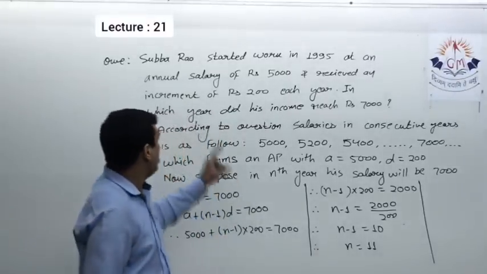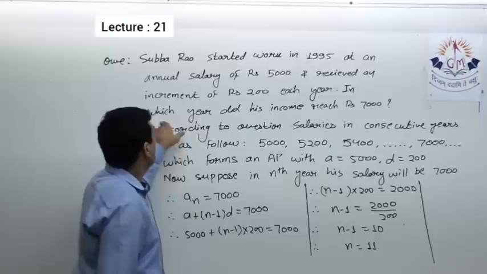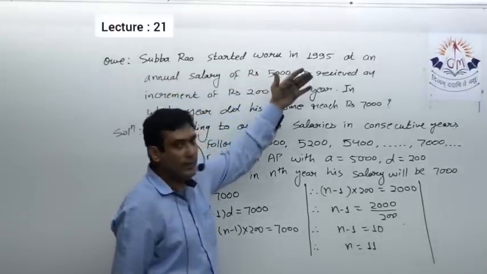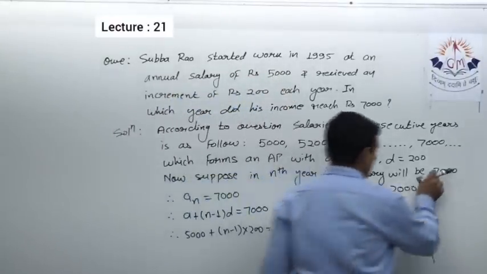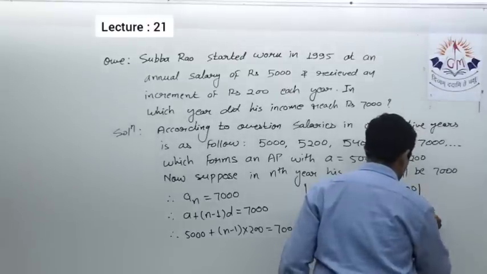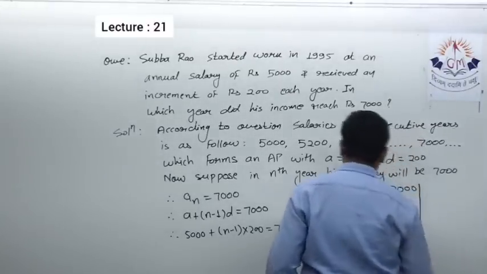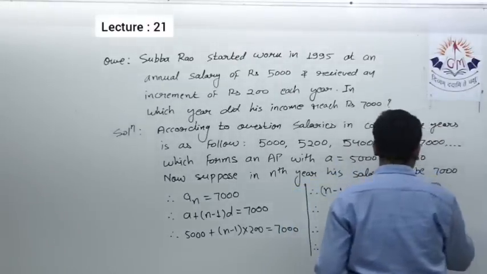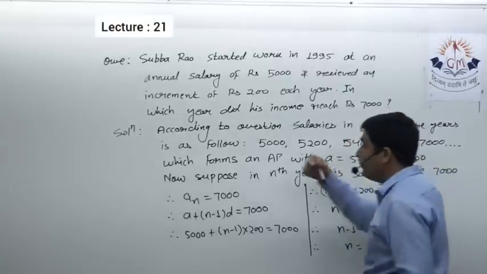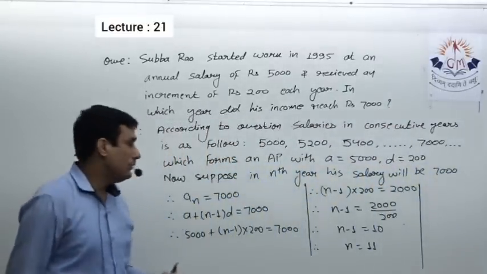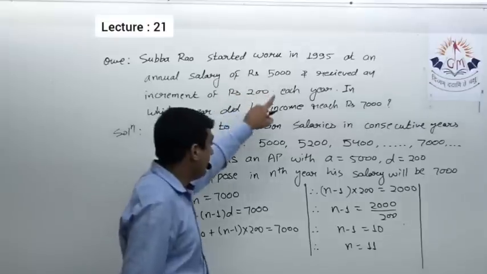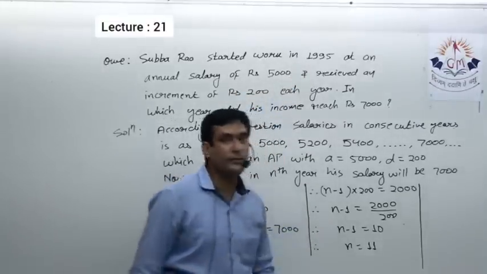So the question is, in which year? That means if he started from 95, then in which year? So from 95, the 11th year. Counting including the 95, think for a while: if 95 is the first year, then what will be the 11th year?